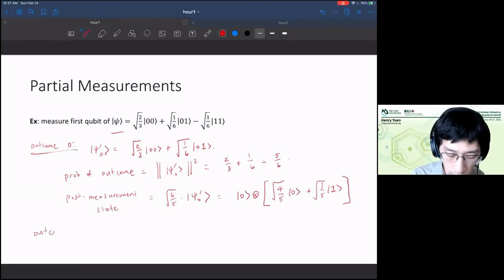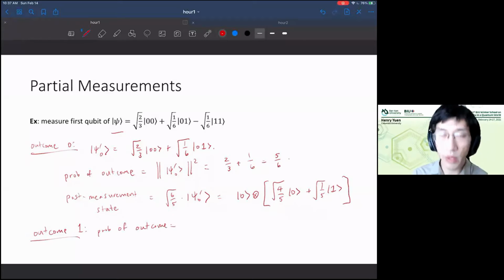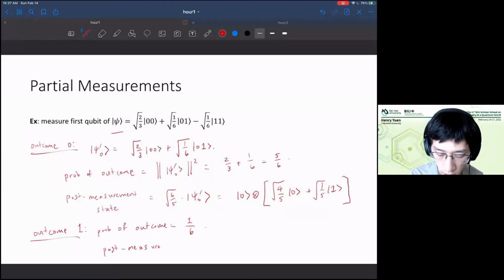And you can do a similar calculation for outcome 1. The probability of this outcome is just going to be 1 minus the probability of the other outcome. So this is going to be 1/6, right? And the post-measurement state, this one's easy to calculate.